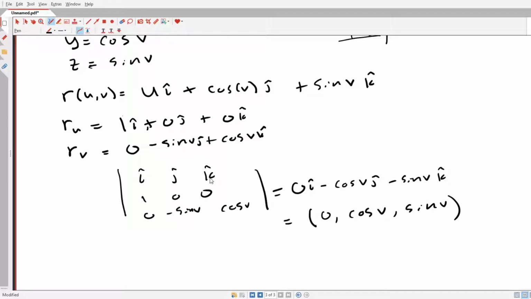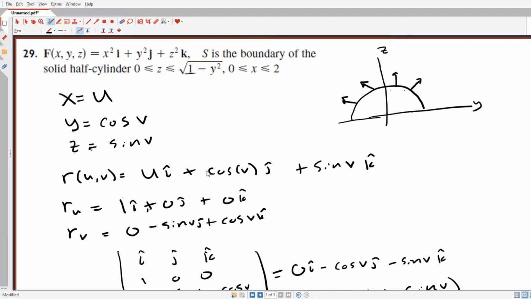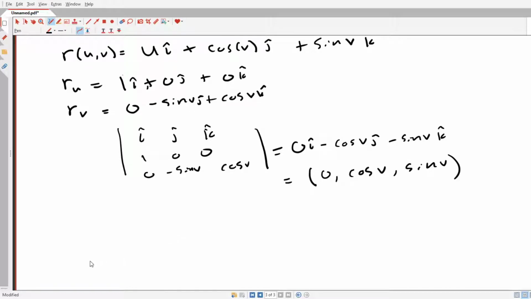Okay, so now I need to rewrite my function in terms of u and v. I have x squared, y squared, z squared.